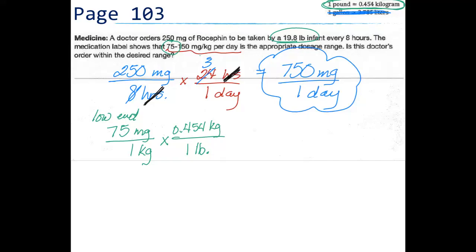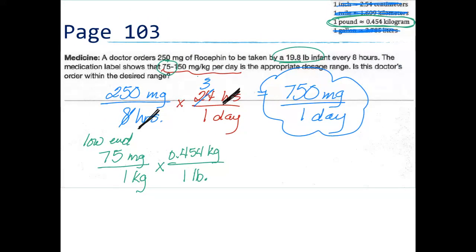Okay. And how much does this baby weigh? 19.8 pounds. So I'm going to take this times 19.8 pounds. And that means my kilograms are going to cancel out, my pounds are going to cancel out, and I will be left with milligrams.